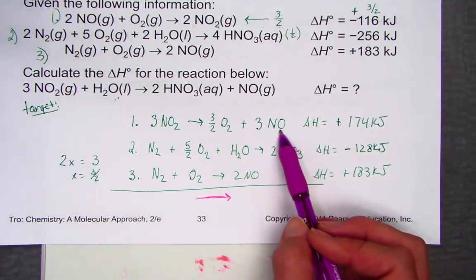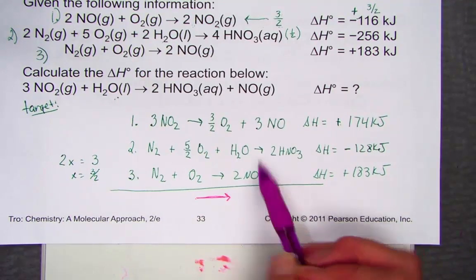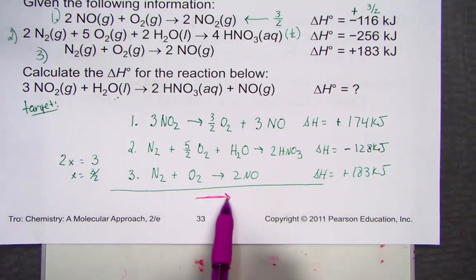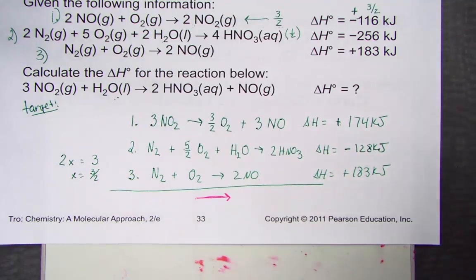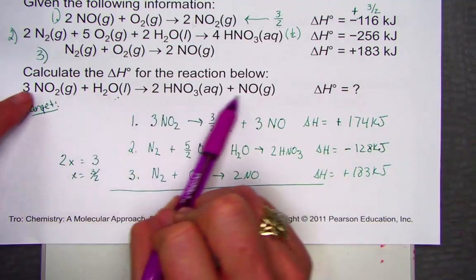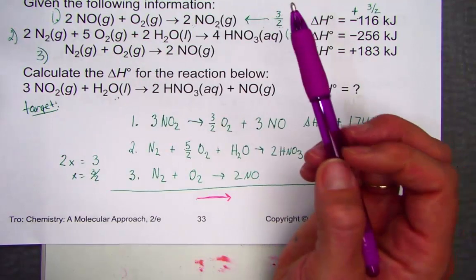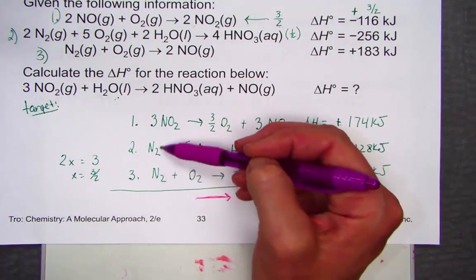Well, interestingly enough, this number 3, I think I made a mistake. But examining is always the secret to figure out if we've done this correctly. What I noticed is there's no nitrogen in the target equation. You probably noticed that right away. The nitrogens have to disappear. Right now, my equations are combining them.